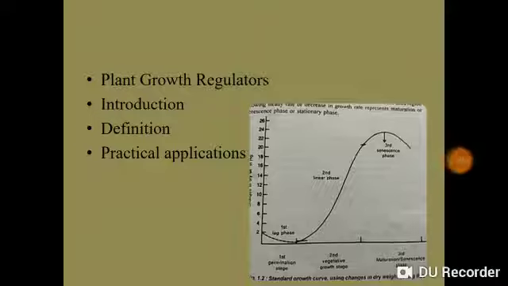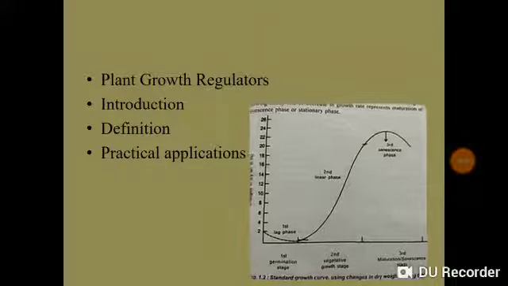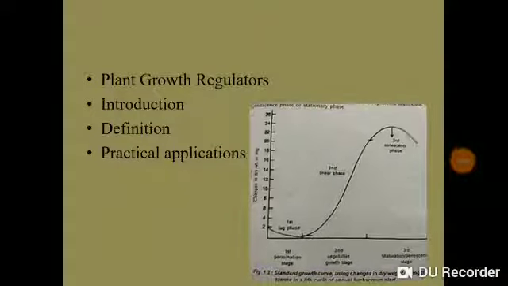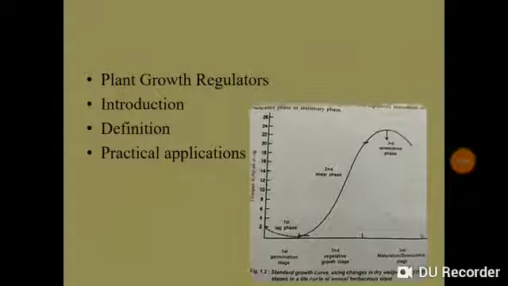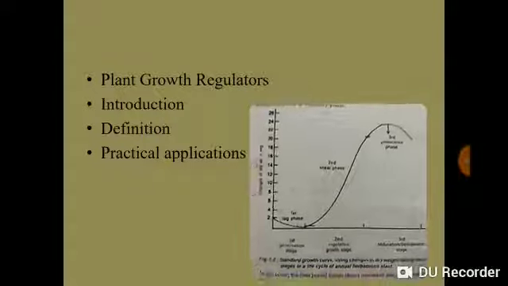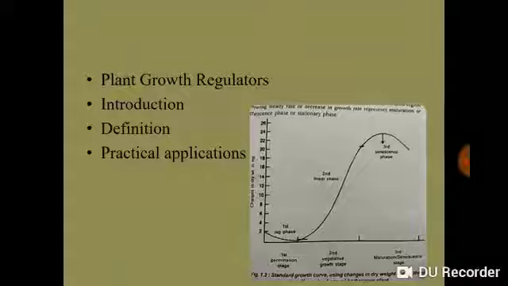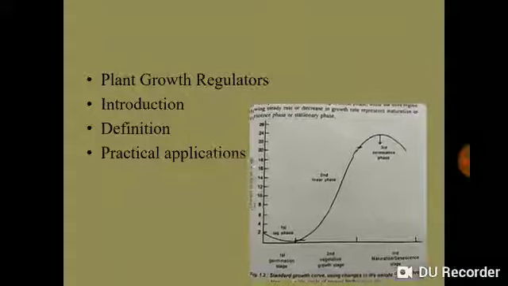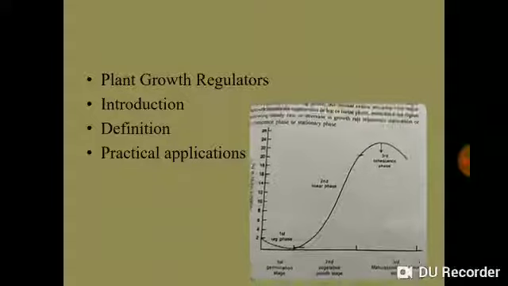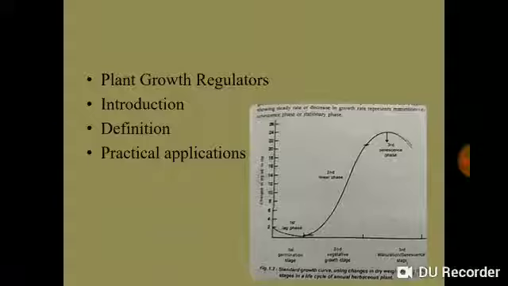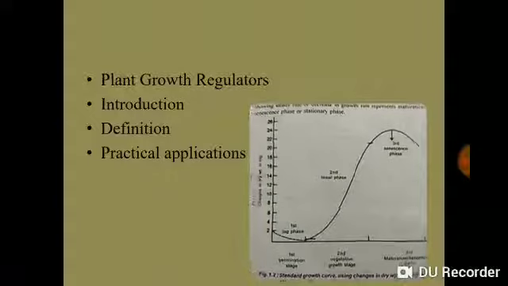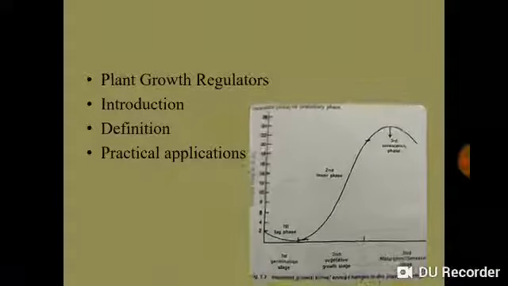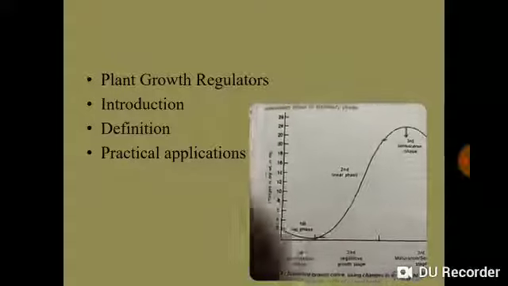So the standard growth curve shows three well marked regions for the three different phases. First is the region where we find slow growth rate or slight decrease, which represents the lag phase.